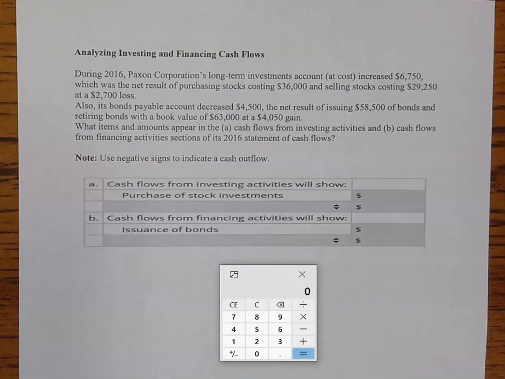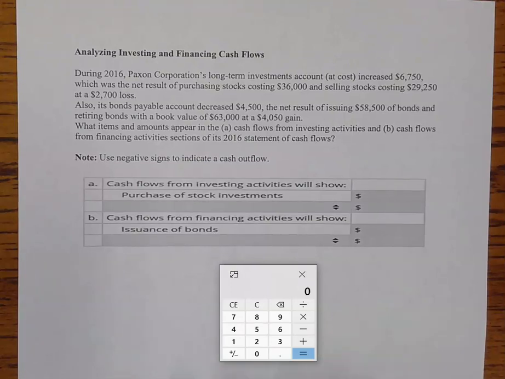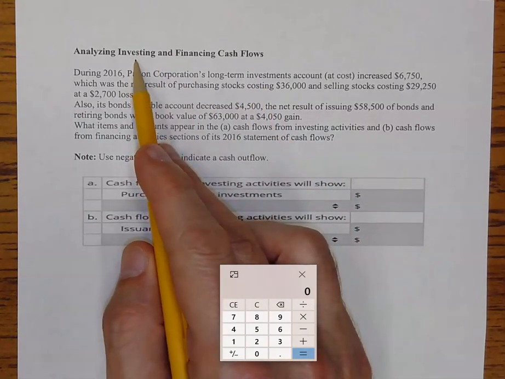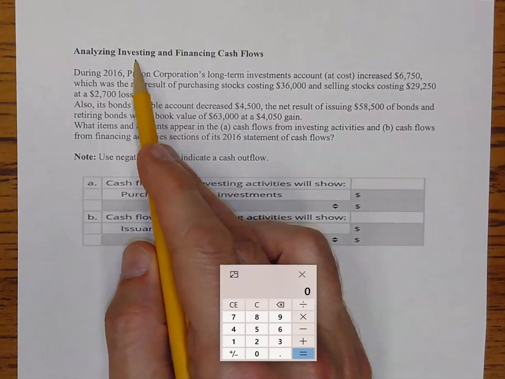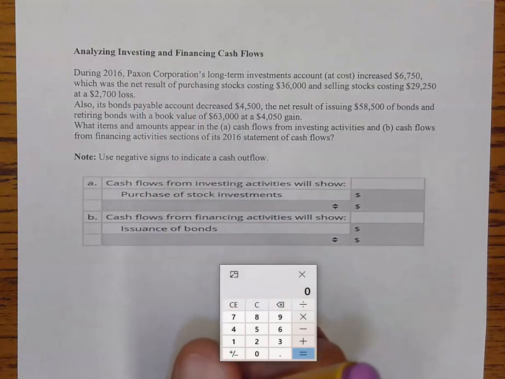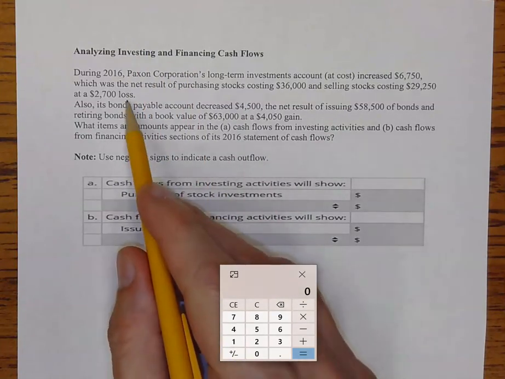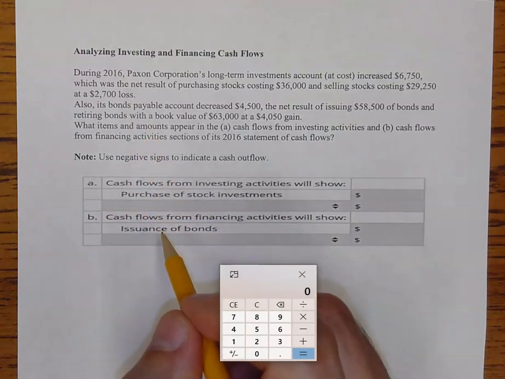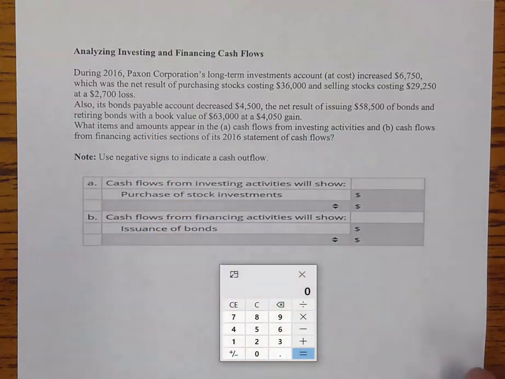Okay. So we're talking about investments here, and we're going to have to work on the investments portion of the statement of cash flows. This first paragraph of our exercise pertains to the investing section.